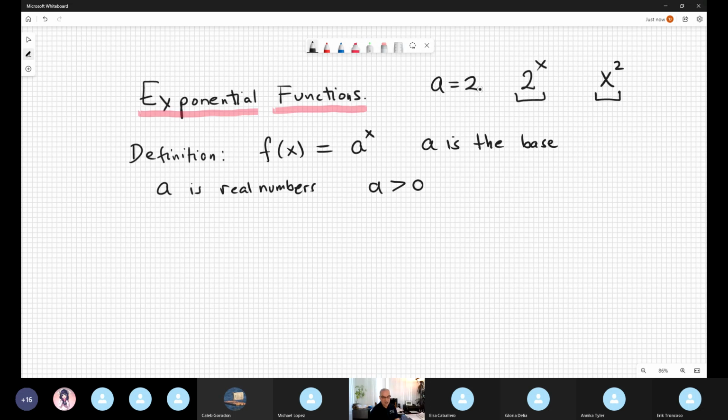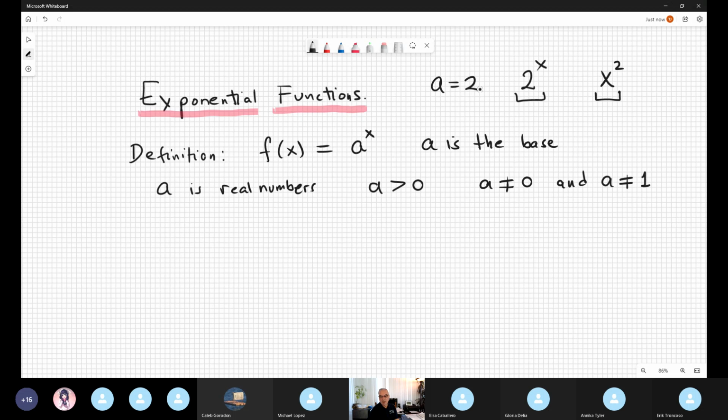A negative base is totally outside the definition. It has no sense. It's not exponential, it's another weird thing. The base is maybe 2, maybe 3, maybe 1/2, positive. But we have two limitations: it's not 0 and not 1.